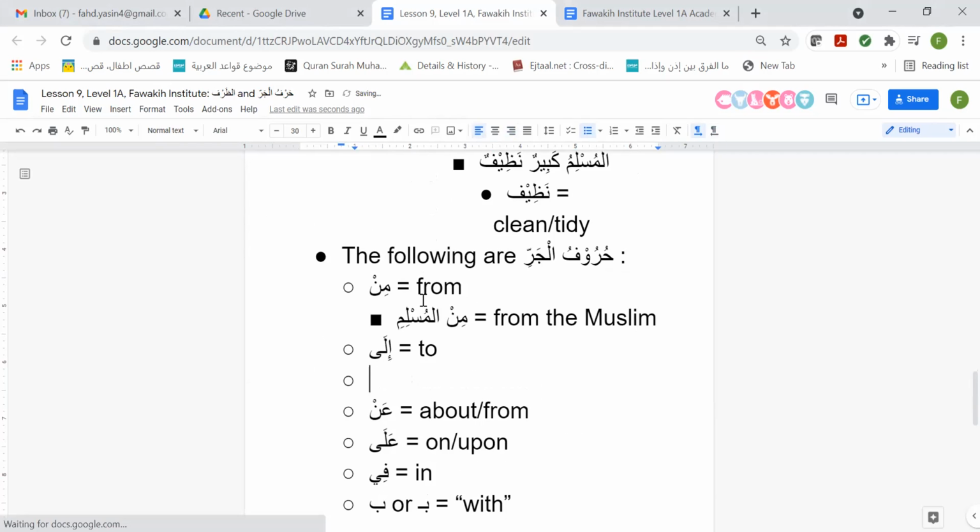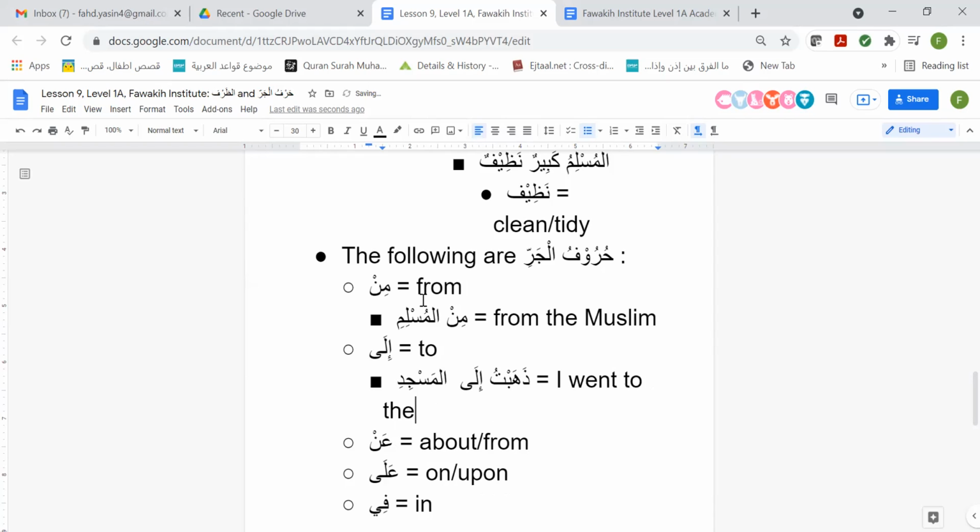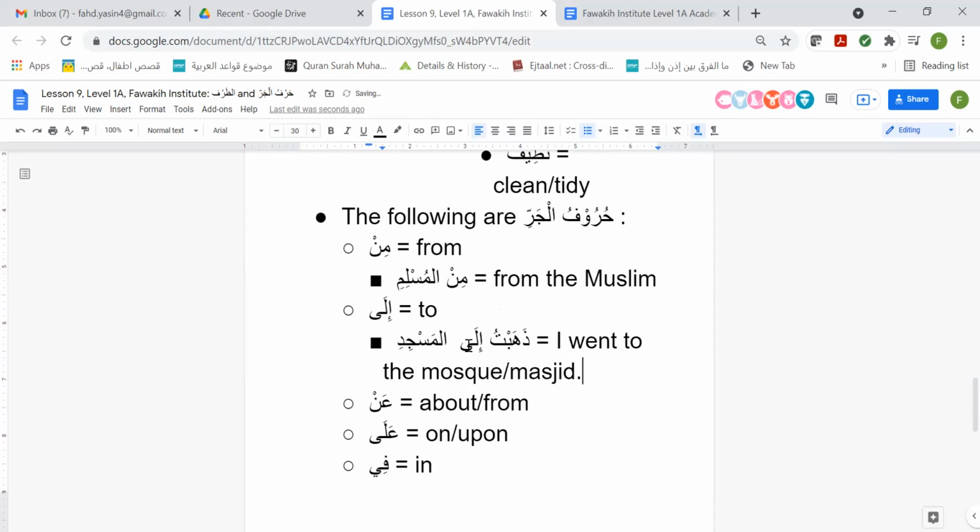Now, if I said ila, for example, I'm going to use a common verb example: dhahabtu ila al-masjidi. I'm sure you guys know what masjid means. This means I went to the mosque.